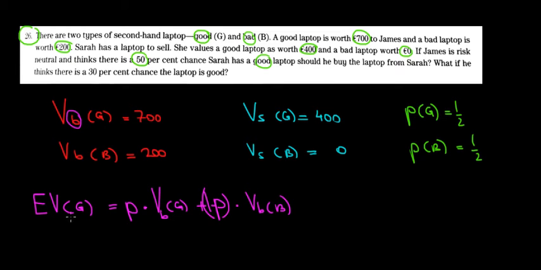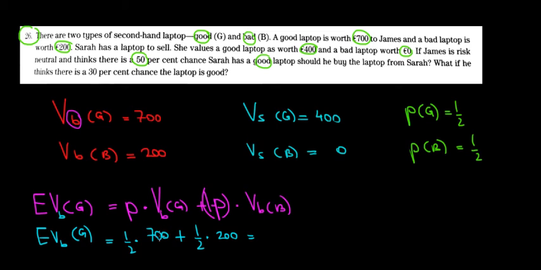We would have the following, the expected value of the buyer, because we need to know how much the buyer is paying, since he has the money, he has the power. Probability 1/2, valuation of a good laptop for the buyer 700 euros, plus the other 1/2 times the valuation of a bad laptop for the buyer 200 euros.